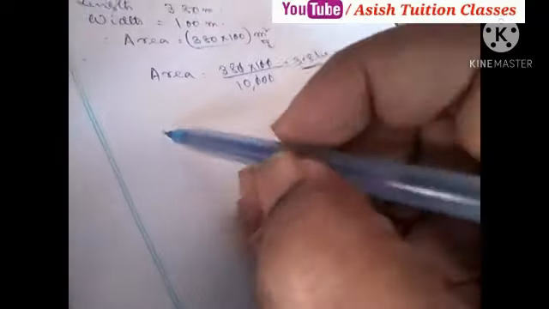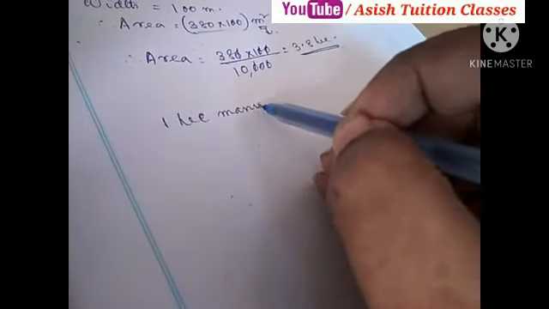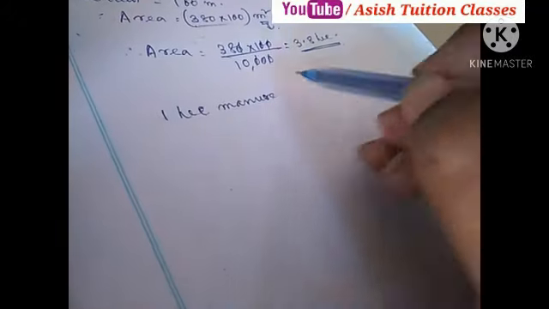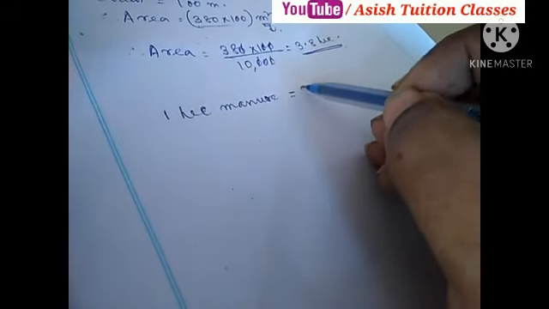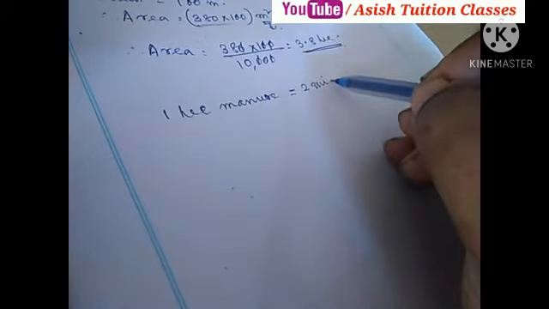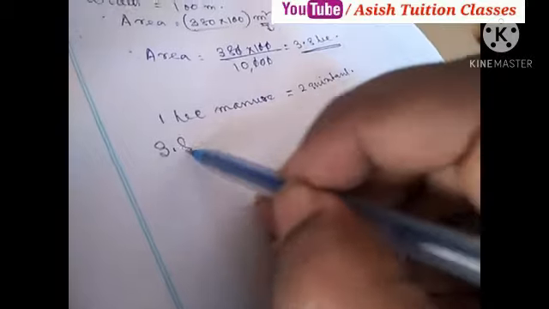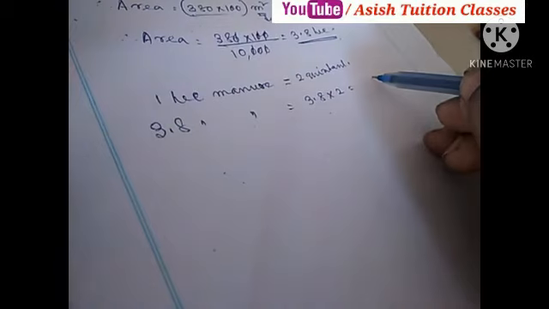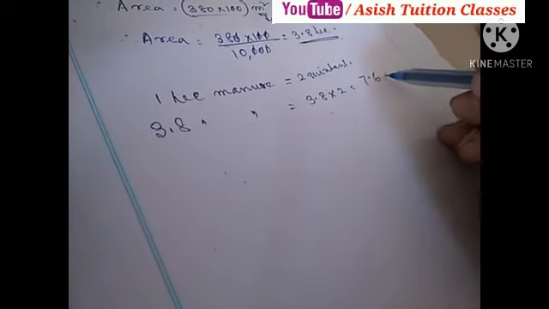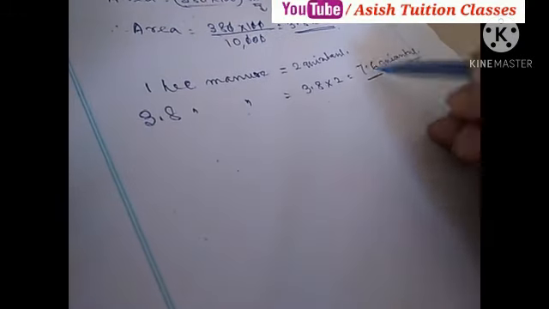Therefore 1 hectare manure is equal to 2 quintals, and 3.8 hectare manure will be 3.8 into 2, 7.6 quintal.